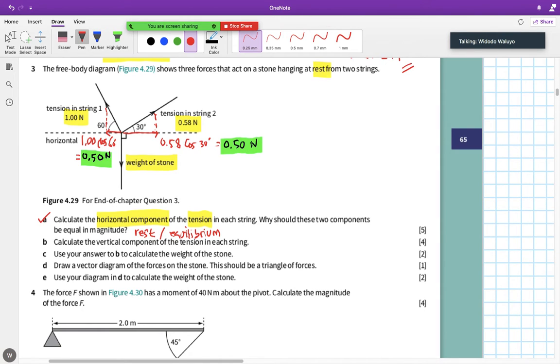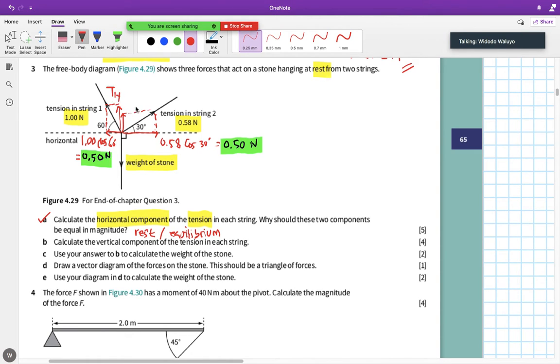Now see question B. Calculate the vertical component of the tension in each string. Let's say this is T1 y and this is T2 y.